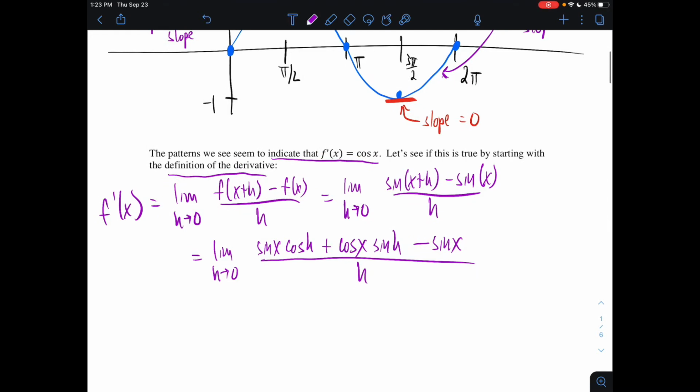And we're going to split this up into two fractions that are being added. The limit as h approaches 0, and we're going to keep together the things that have sine x. So I'll have sine x cosine h minus sine x, all divided by h. And then the other fraction will be the one that has cosine x.